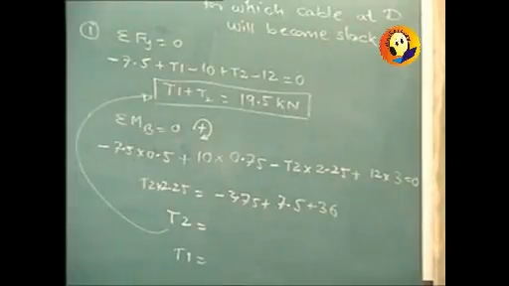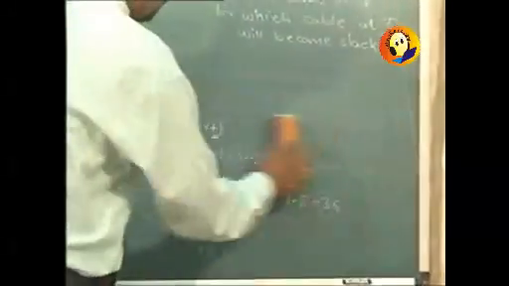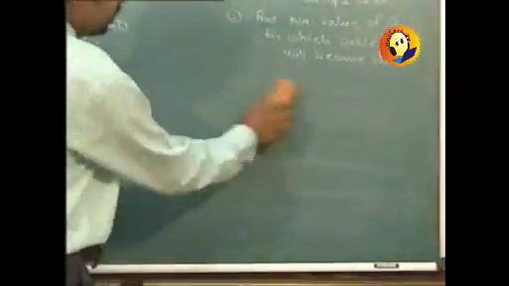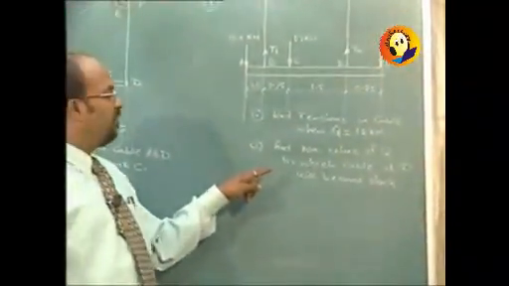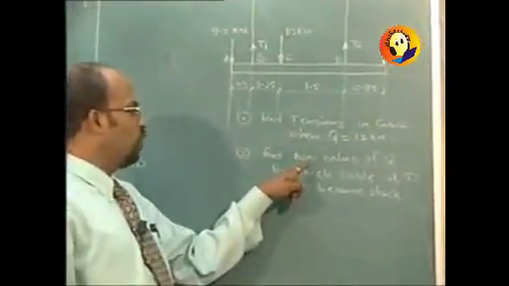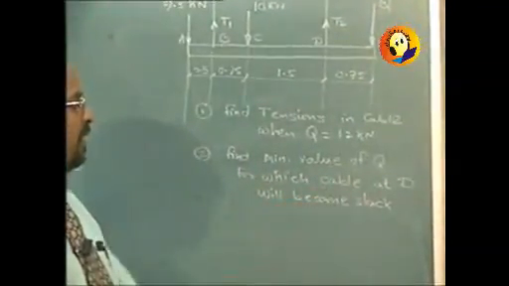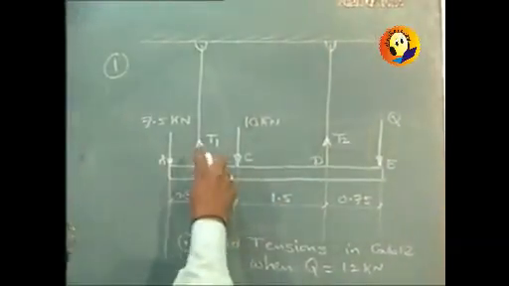Now let us go for the second part. In the second part of the problem, it is said to find the minimum value of Q for which the cable at D will be slack. So the cable at B is to become slack.